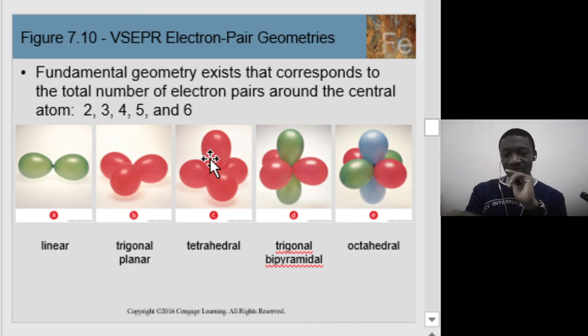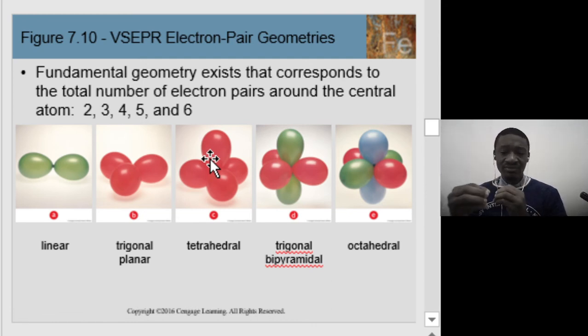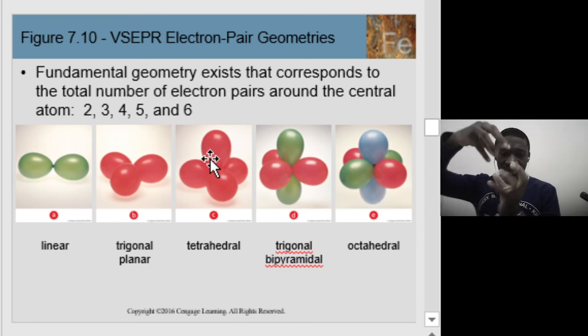And then when you get four balloons and tie them, notice that you're going to have the trigonal planar and then the one at the top, which makes it tetrahedral. Tetra means four sides. Hedral is just shape. It's like a heel. Tetrahedral. Then the part where you now have multiple, where you now have trigonal bipyramid, where you have a pyramid up and pyramid down.